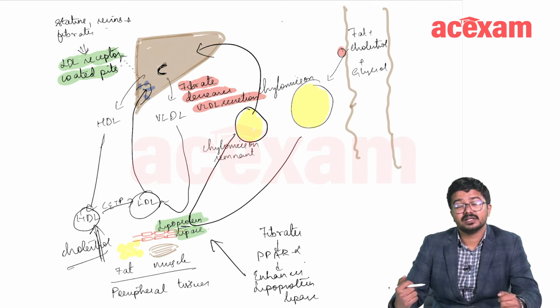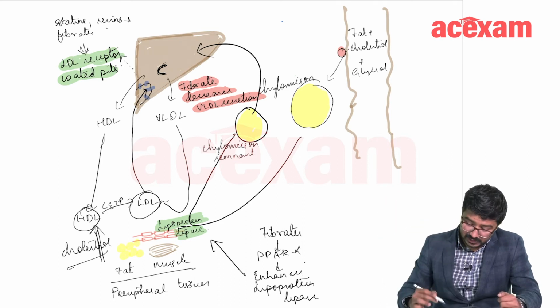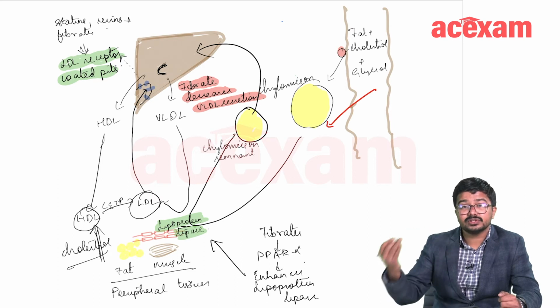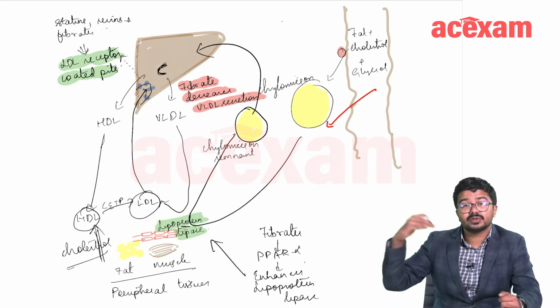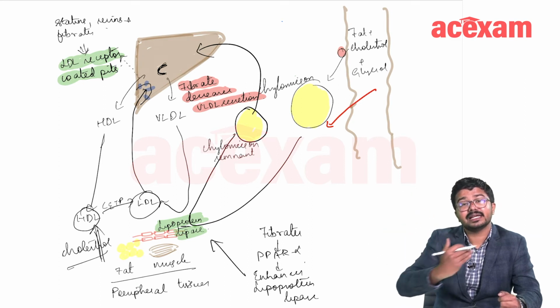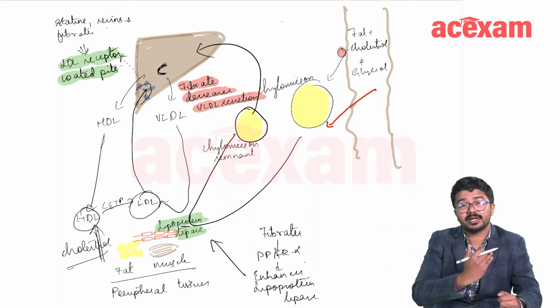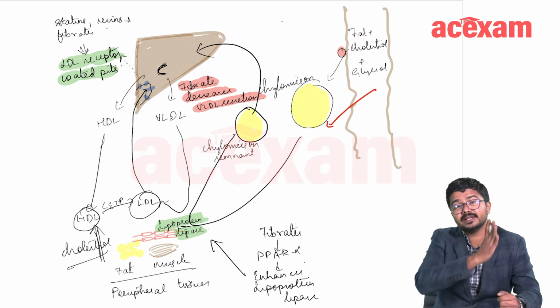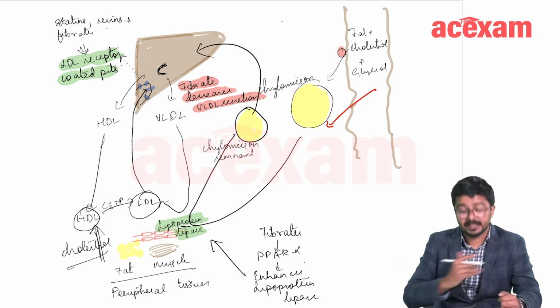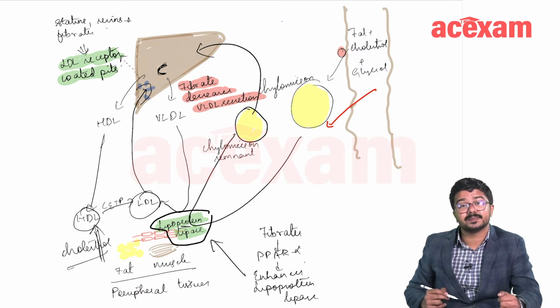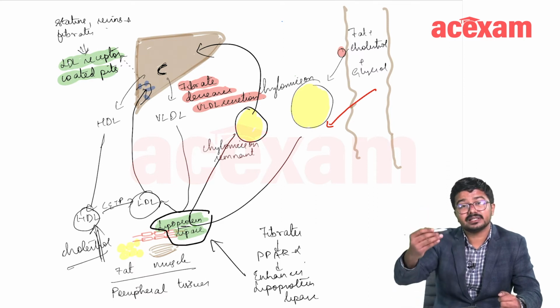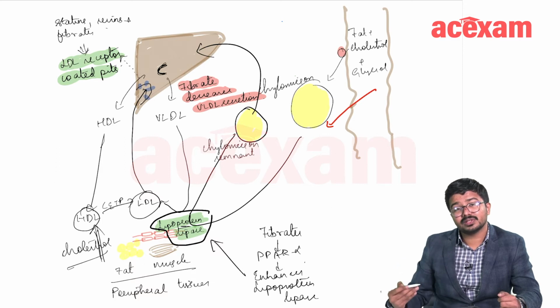Let us understand it. First, if you are going to take exogenous cholesterol, the exogenous cholesterol is taken by means of chylomicron. The chylomicron on the periphery gets converted into chylomicron remnant. This conversion is by means of lipoprotein lipase. Similarly, the liver produces what is known as VLDL.